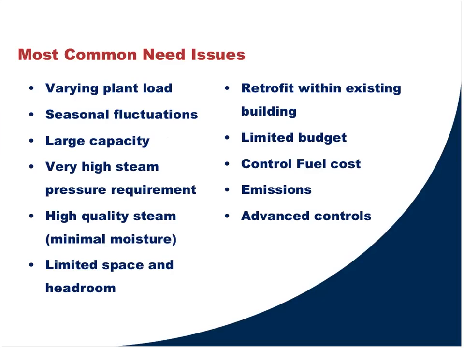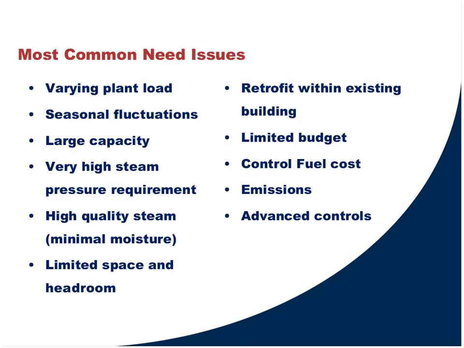So when we're looking at the type of boiler to be applied in a given application, what I've done here, and not in any particular order, I've just put down on the screen those particular criteria or issues that an engineer or a facility manager has to consider when deciding on what type of boiler to use. For instance, I've got a varying plant load. It doesn't just stay at a steady state all the time.